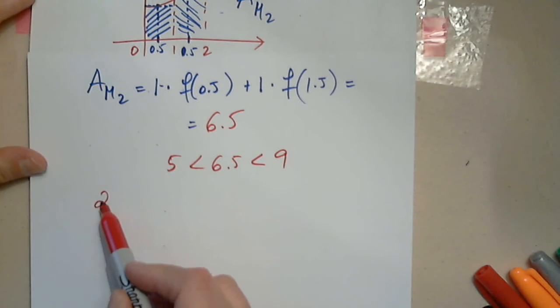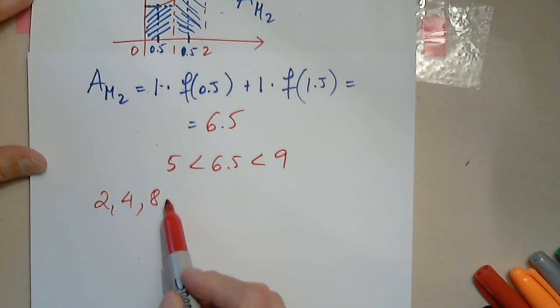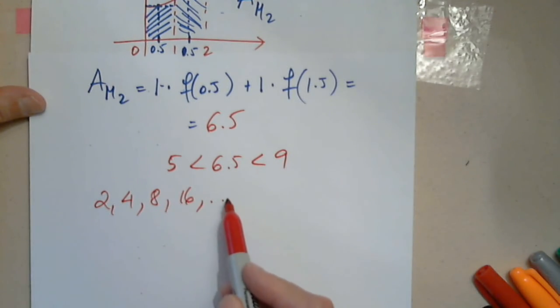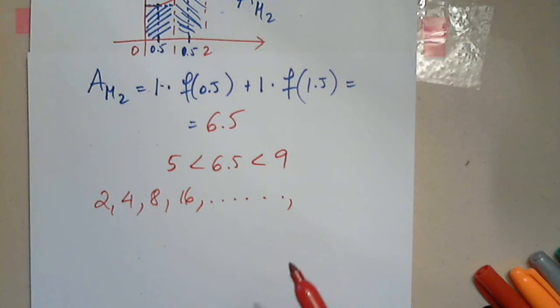Which of these do you think will be the best? And which one will give us the exact area? How many subintervals will please you?